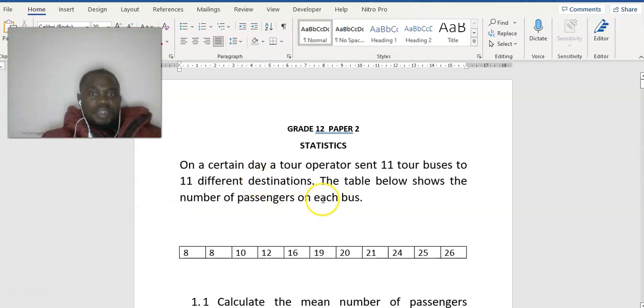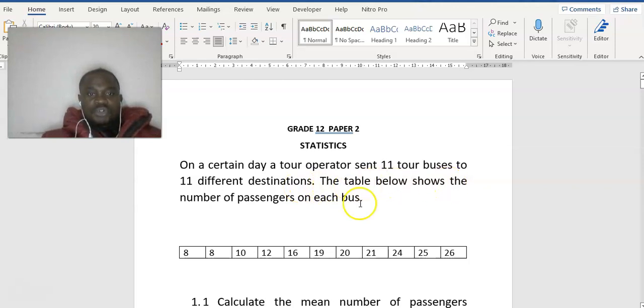Okay, now these are past questions, so let's get on to business. On a certain day, a tour operator sent 11 tour buses to 11 different destinations.